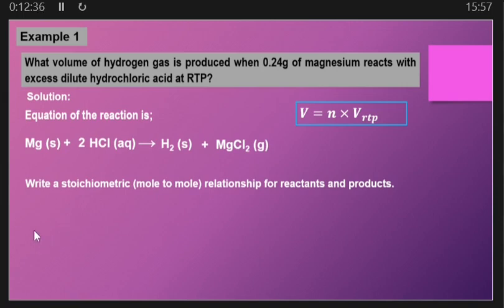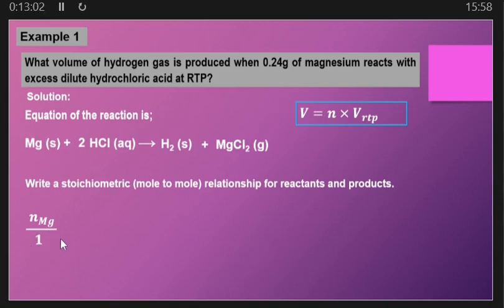So we'll say n_Mg, which stands for number of moles of magnesium, divided by 1. This one here is the mole ratio of magnesium in the equation. So magnesium in the equation here is 1, and here we are going to put 1.